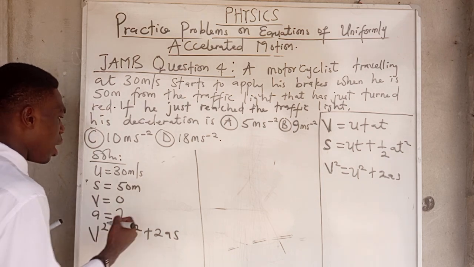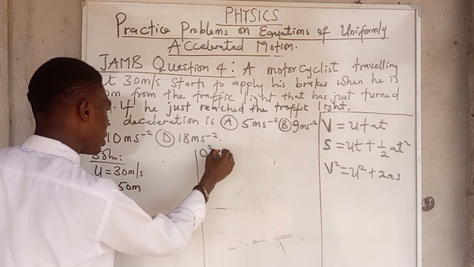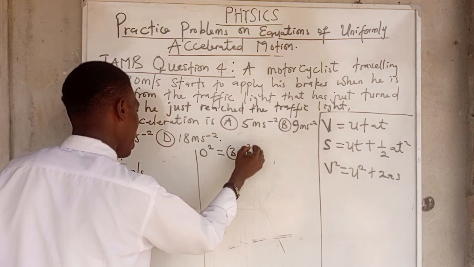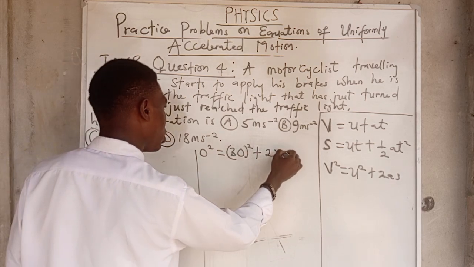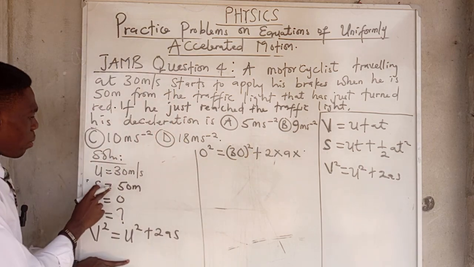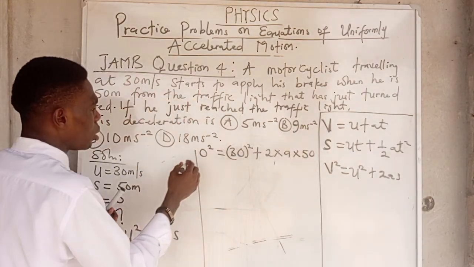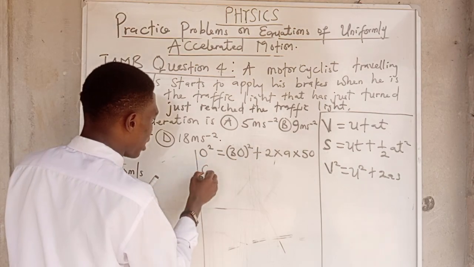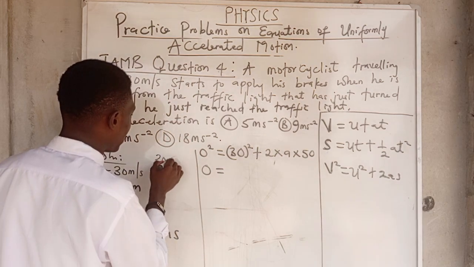Substitute the values of what we have. We know that v is 0, so write 0 squared is equal to, what's our u? u is 30, and 30 is already squared. Then plus 2 times a, which is what you are looking for, times s, and our s is 50, so write 50. 0 squared is 0, so 0 is equal to 30 squared, which means 30 times 30.